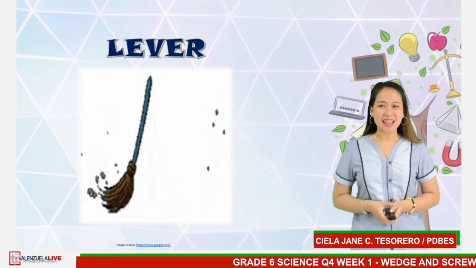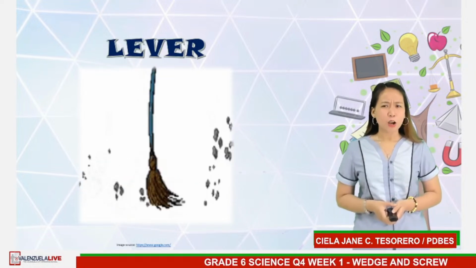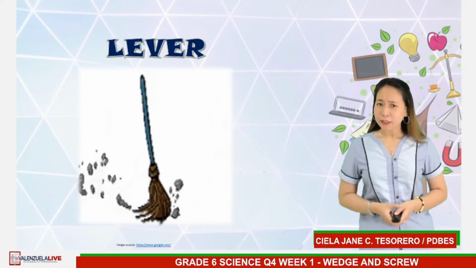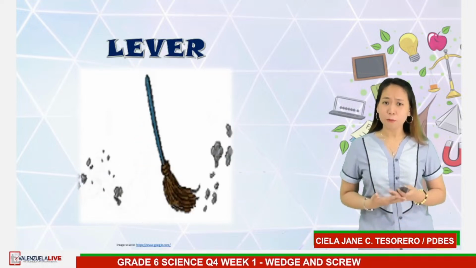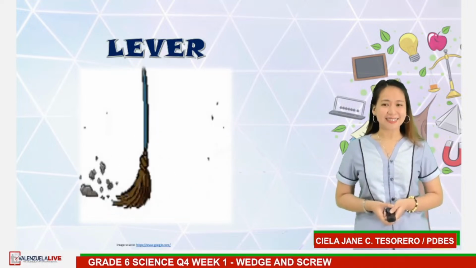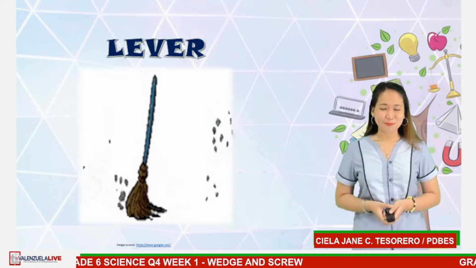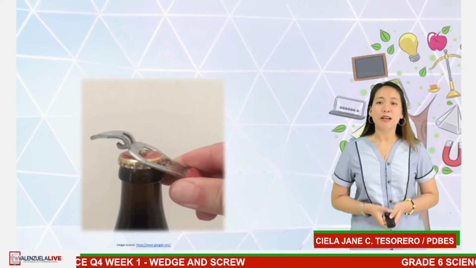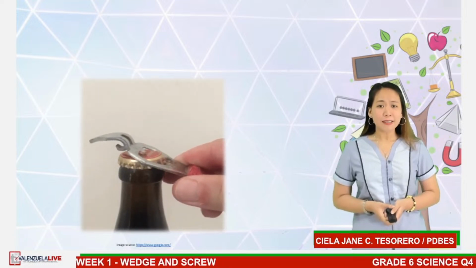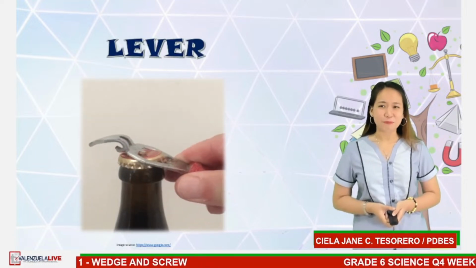Correct! It's a lever. How about when we try to open a bottle? What simple machine we use it? And what kind of simple machine is that? Correct. We use bottle opener, and it is also a lever.